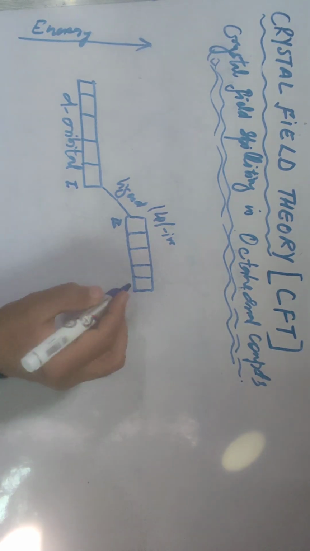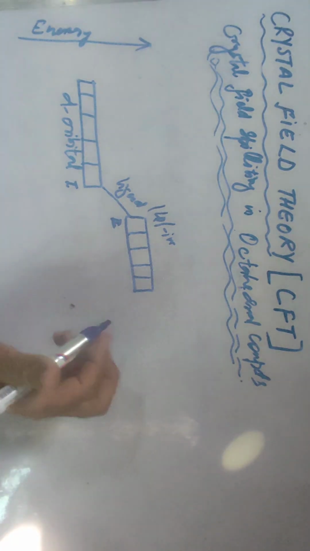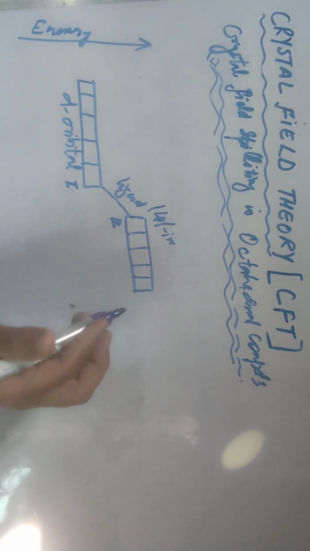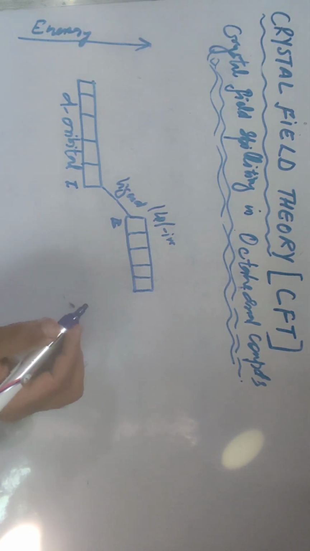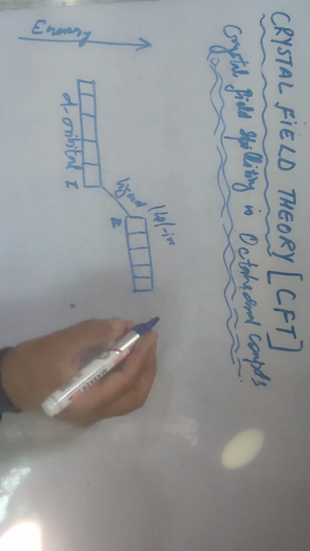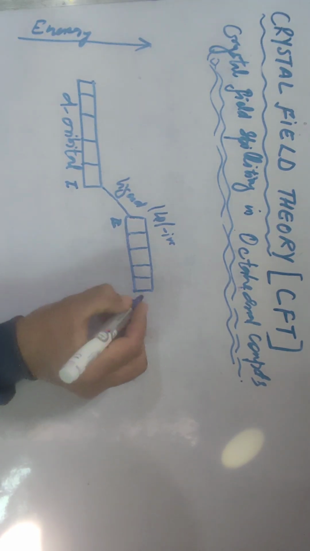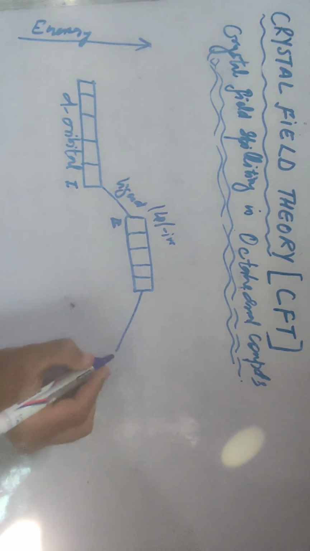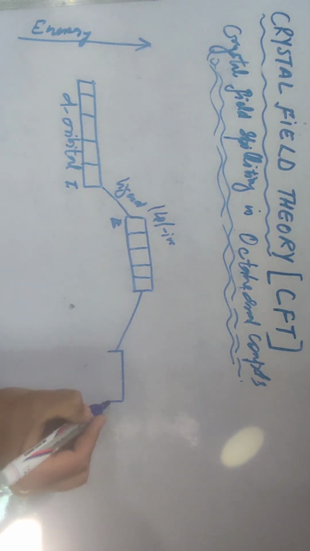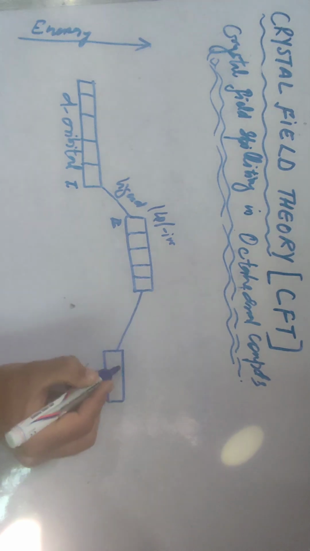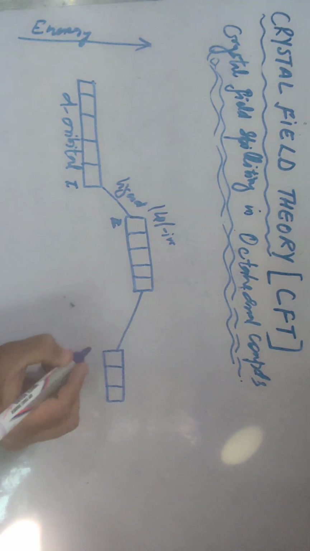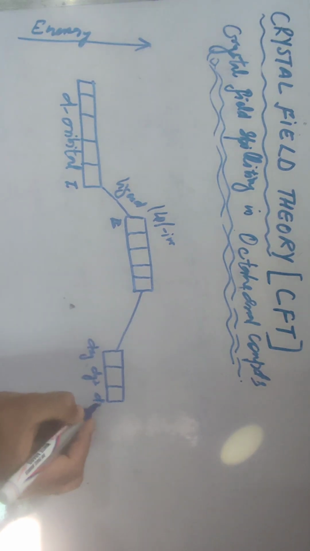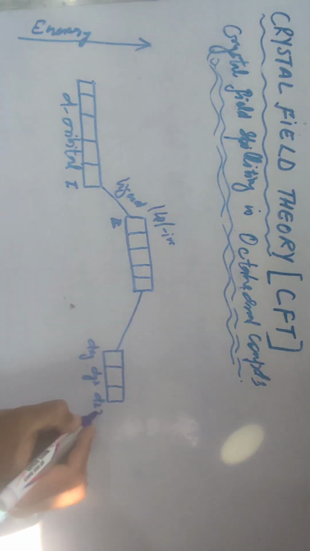One set is present on the equatorial positions, and the other is present on the axial positions. So under the influence of this repulsive interaction, the d orbital splits into two sets. One set, already discussed, is known as the T2G set, which has three orbitals, that is dxy, dyz, dzx.